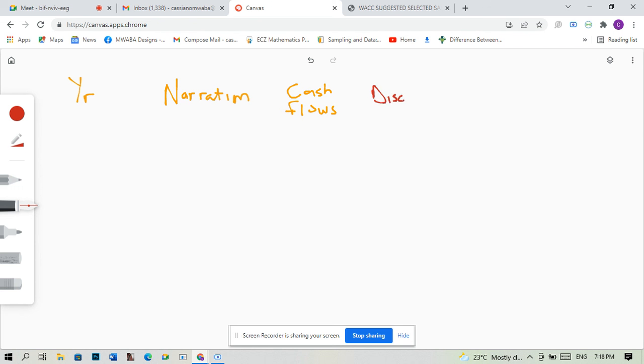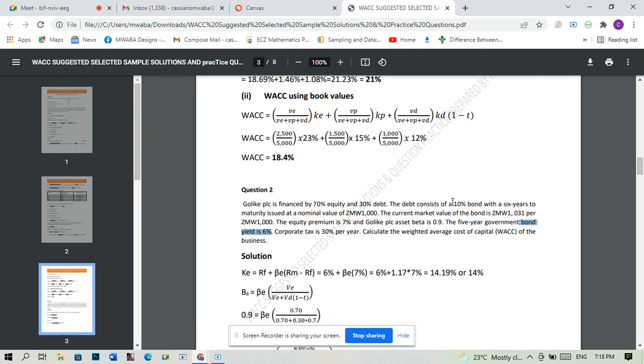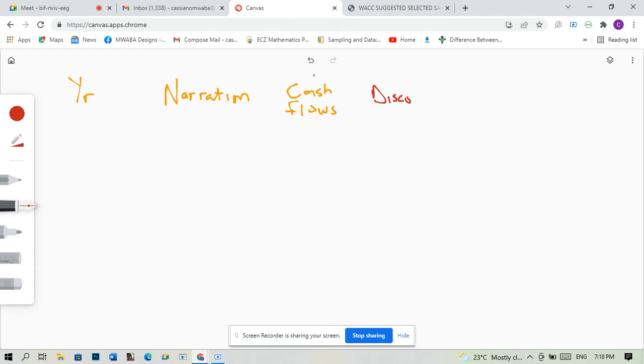For our discount factor, we're going to use this 10% interest rate for the bond.